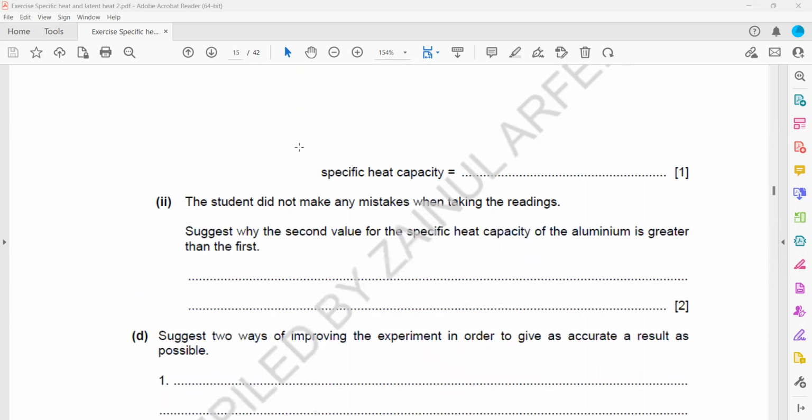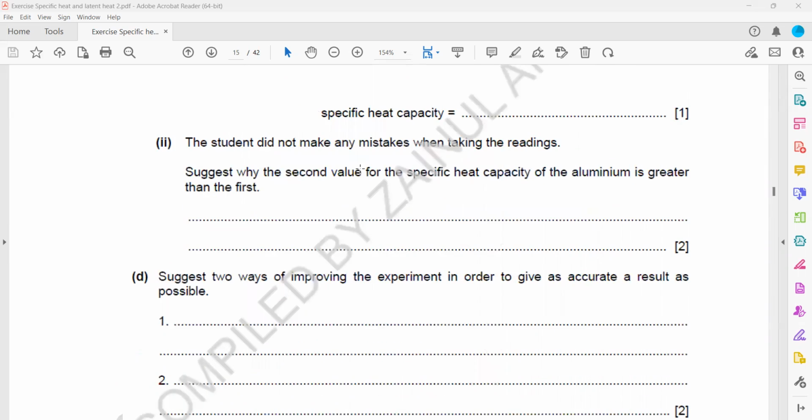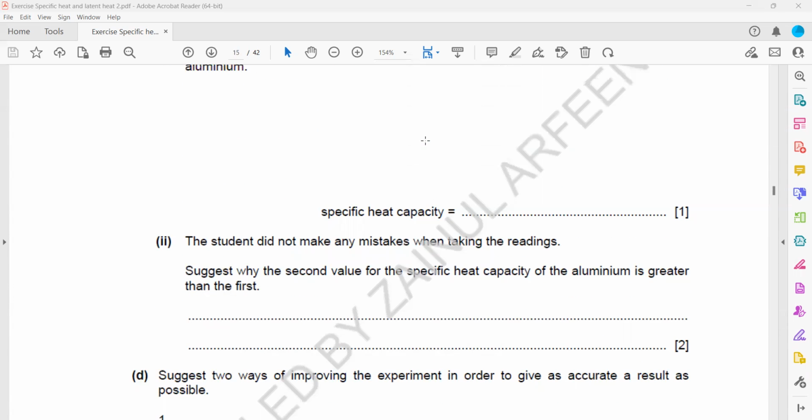The student did not make any mistake when taking the readings. Suggest why the second value of specific heat capacity is greater than the first. So what is the reason for that? The reason is, when the student did the first experiment, the temperature of the block was 13.1 degrees. When the student did the second experiment, he started with 41 degrees. 41 degrees is a high temperature, so it was losing more energy to the surrounding.